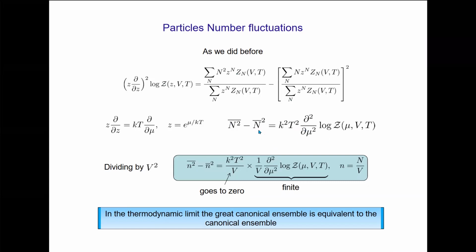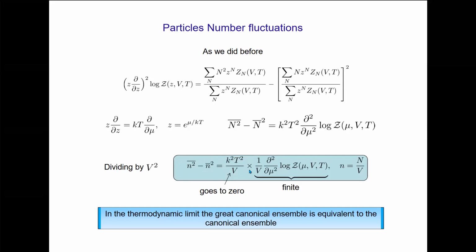Now, if we introduce the density of particles by simply dividing both sides of this equation by the volume squared, then the left-hand side is the variance of the density of particles.